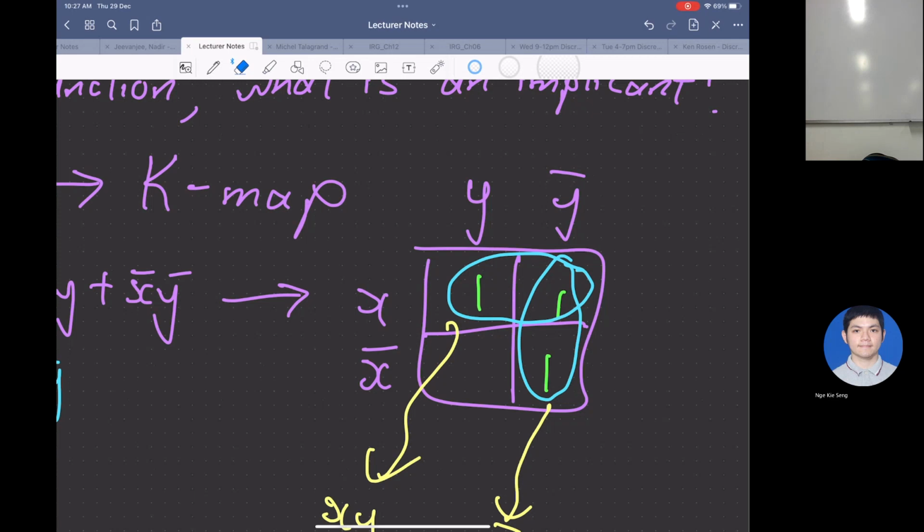Start from prime. You need to decide whether it is essential or not. You need to ask this block of 1, is it the largest block of 1 covering a 1 in the map? How many 1s does the block cover in this case? There's only 2. You need to ask whether the 1 inside the block is covered only by this block.